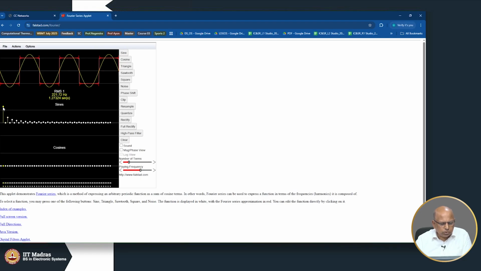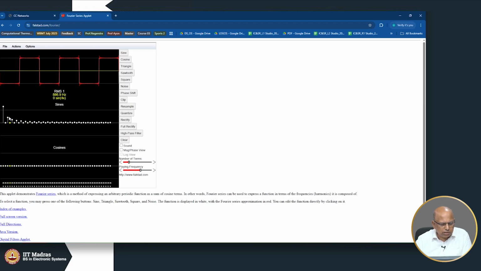See, how did it come to 1.27324? I believe it is 4 by pi. Okay. So, this is 4 by 3 pi, 4 by 5 pi and so on. So, when I add these together, I will get this square waveform.